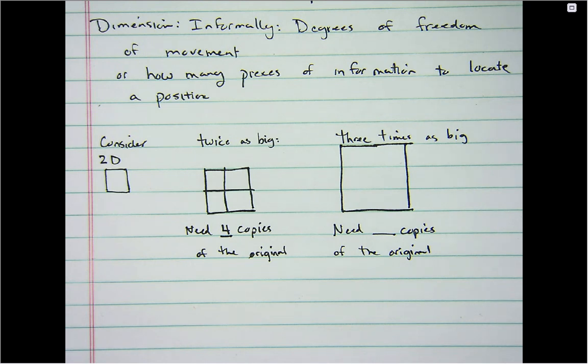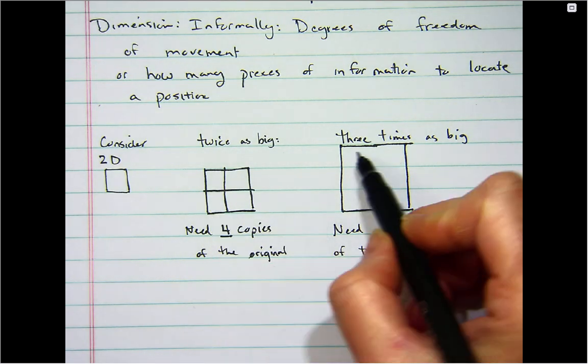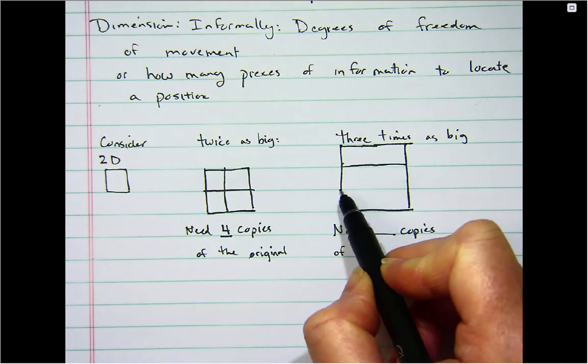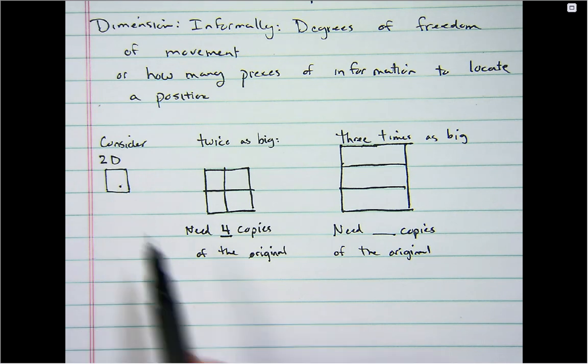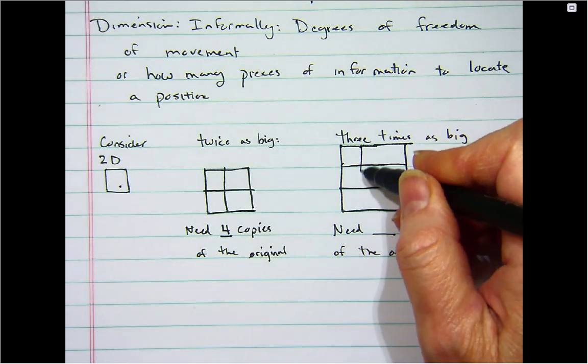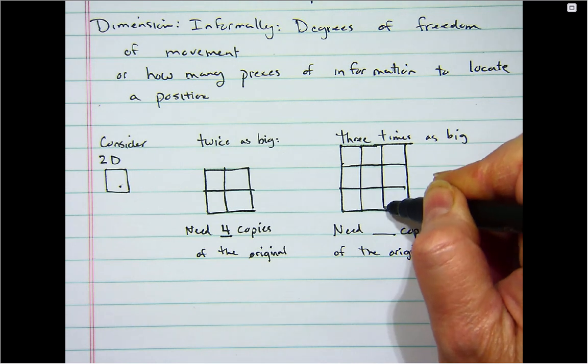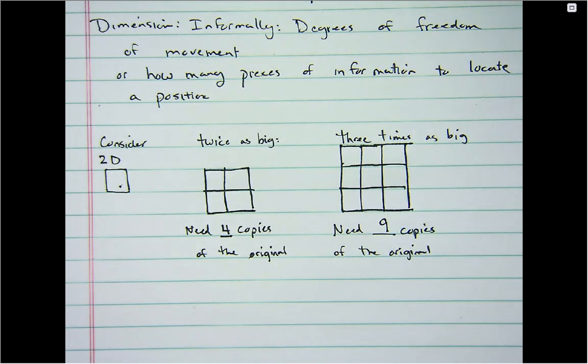Now how many copies of the original would you need to put together to make that square? 12. So it's going to be 3 times as tall as this one. And then 3 times as wide. So how many is that then? 9. Okay, 9 copies. Okay, so we're looking in 2D, and we're making bigger copies, because this is going to lead us to our definition of dimension.